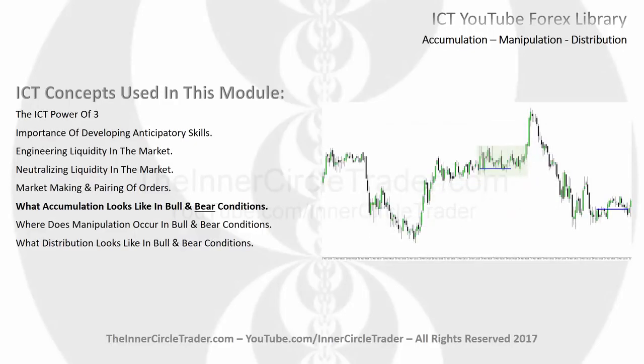Okay, and what does accumulation look like in a bear condition? We have a consolidation and price moves higher, which would be the manipulation. Now, if you look at the left side of the chart, you see a double top. That's exactly where what? Buy stops would reside. Lesser informed traders would have their buy stops resting above that.